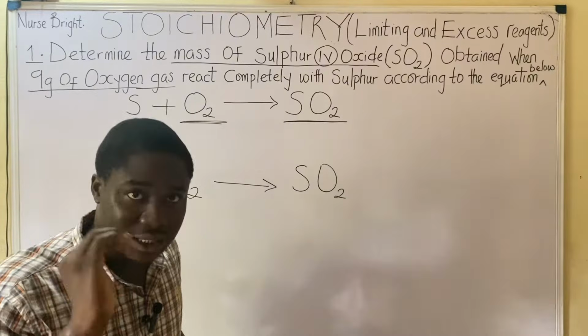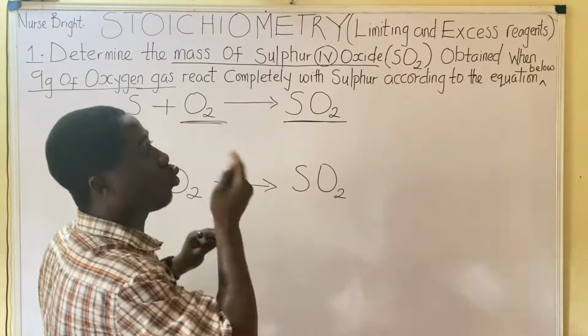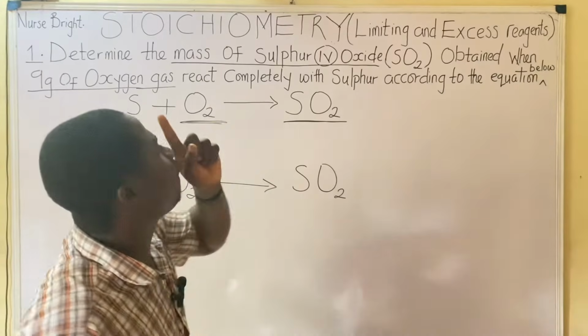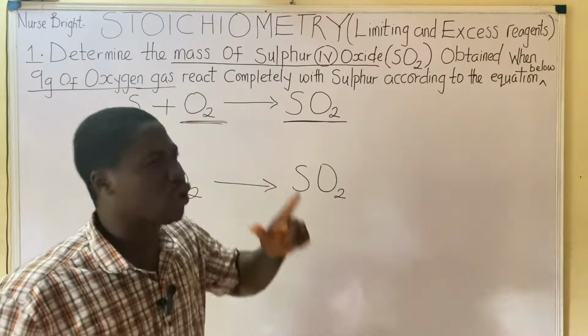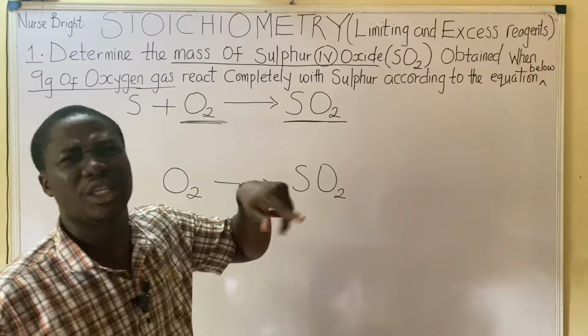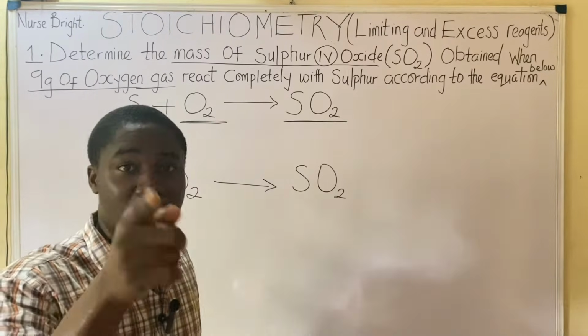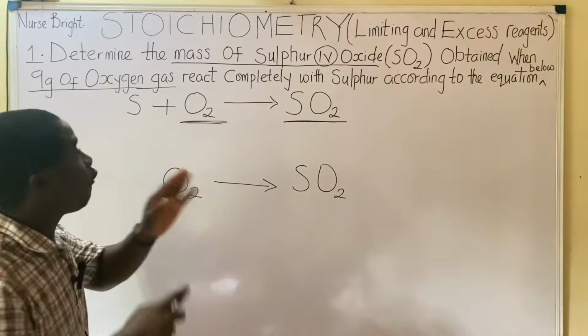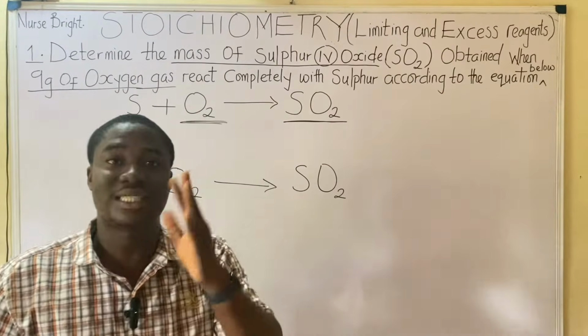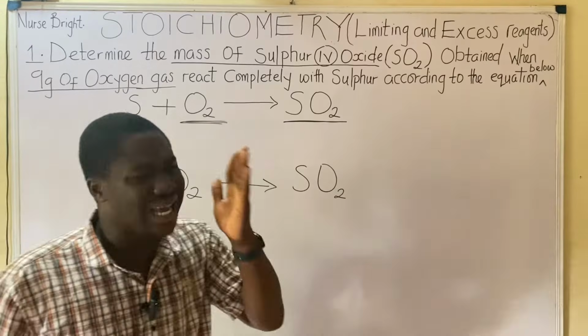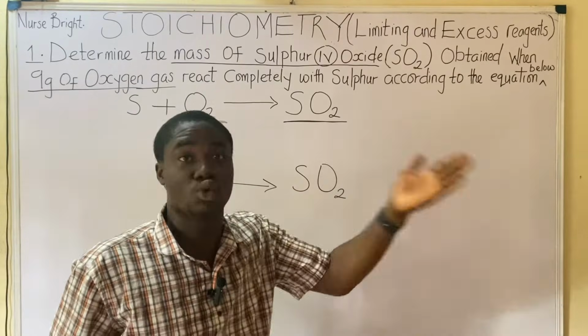Now, please note this. Before I progress to continue solving this question, we have to note this. For practice questions on limiting and excess reagent, when I get there, I will explain it from the scratch. But it is important for me to tell you this. For limiting and excess reagent type of question, how do you know that this particular question is on limiting and excess reagent and this is what I'm supposed to do to solve it?